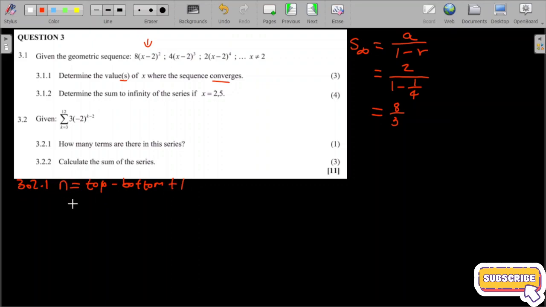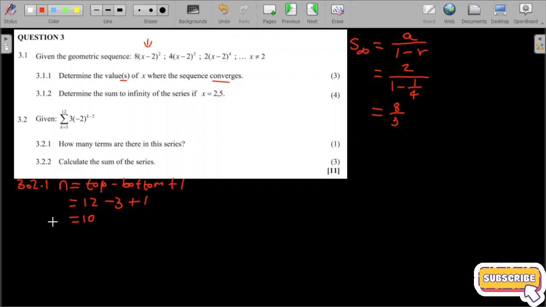That's how we find the number of terms given a sigma. My top is 12, minus bottom 3, plus 1, which gives me 10. So there are 10 terms in this series.